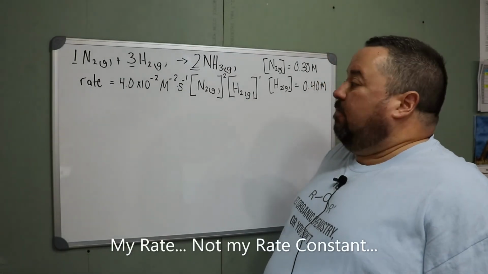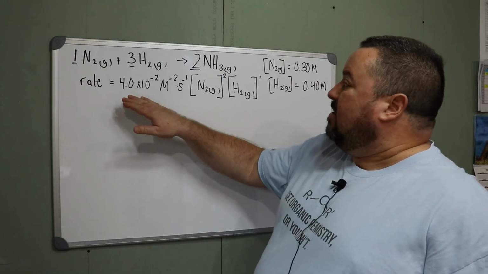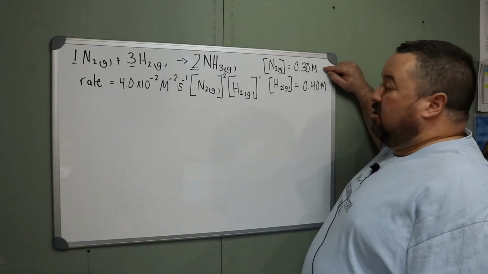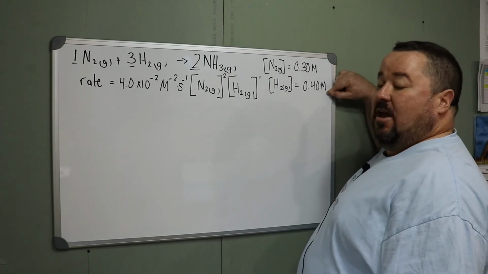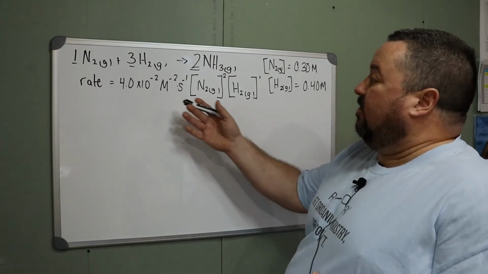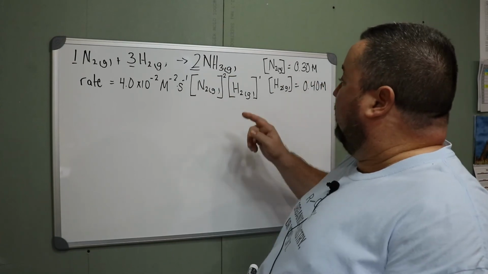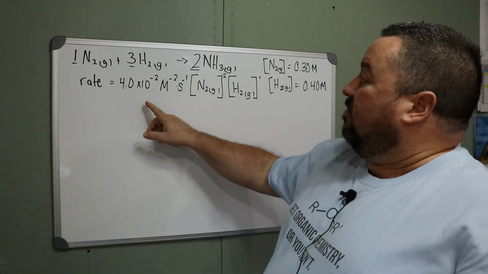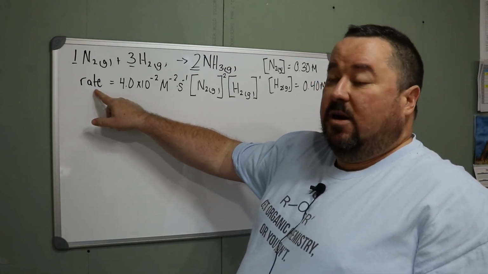The next part of the question asks us to calculate the rate using the rate law if the concentrations of nitrogen are 0.30 molar and hydrogen at 0.40 molar. So all I do is take the rate law, which I wrote in the last part, substitute these values for nitrogen and hydrogen, and work out an answer. I should see my units of my rate constant come out to be molar per second.